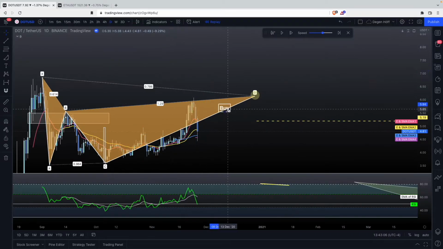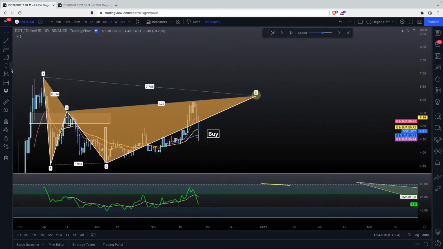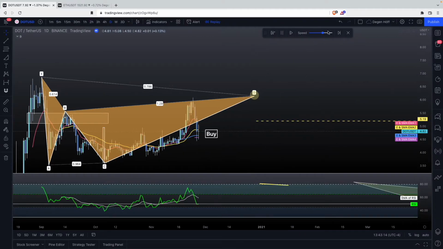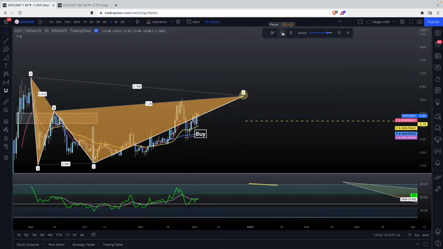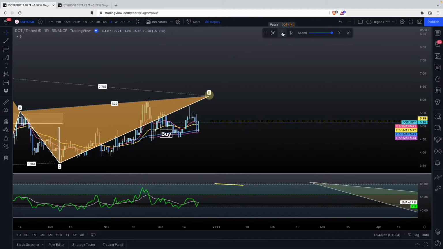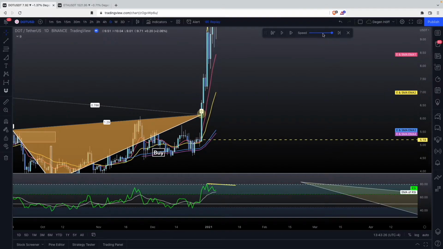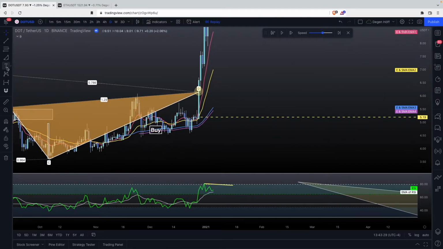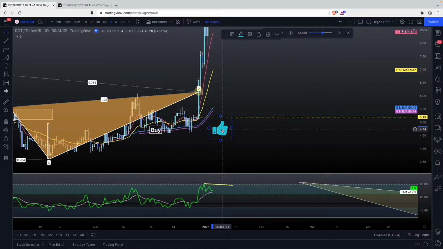So if you decided, you know, over here, buy, write it in real time, and then when you test it, say you play it out. Alright, so if you play it out and then it works when you're doing your strategy testing, what I'll do is go into here and give it the thumbs up.